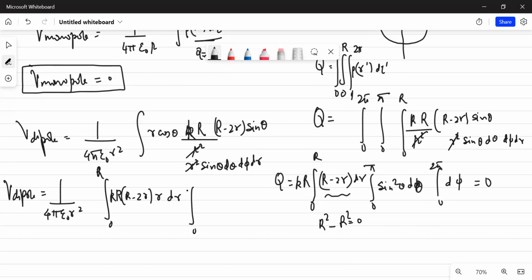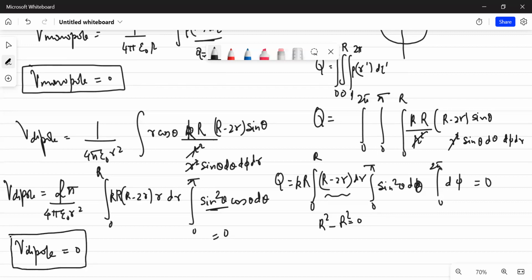And then you have this integration from 0 to pi, and there would be a 2 pi, obviously, because of the d phi integral, 0 to 2 pi. I'll do it from sine square theta, cos theta, d theta. And one can clearly see that if I take sine theta as t, sine 0 is 0, sine pi is 0. So this will give you 0. So the contribution to the potential due to the dipole is also coming out to be 0. Is that clear?